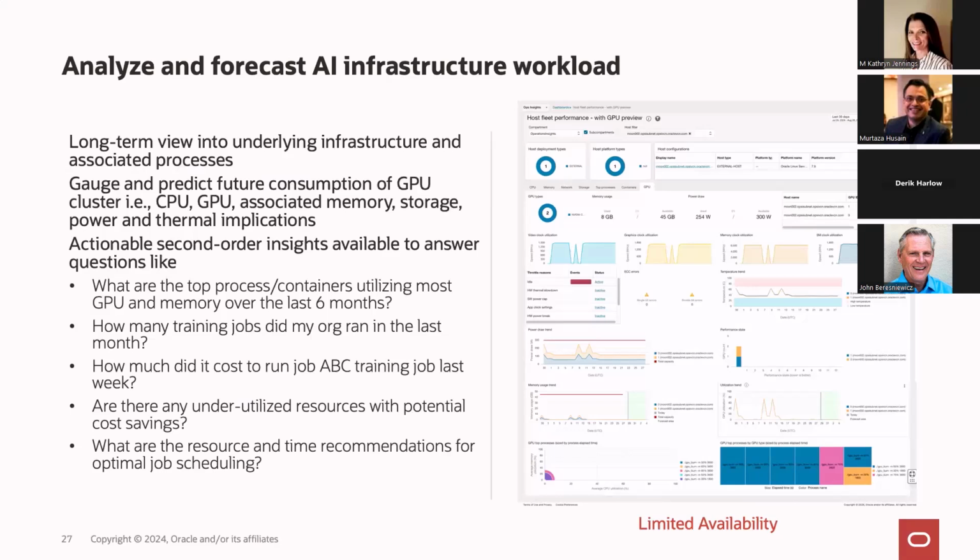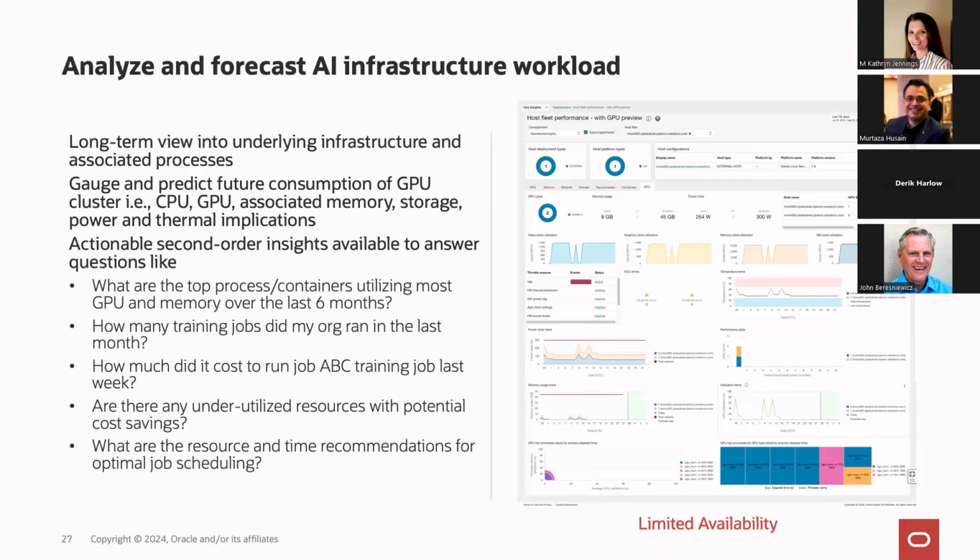With that, we also provide some forecasting capabilities within the widgets in terms of looking at the temperature, the power consumption, the memory, and some of the utilization levels of GPU. So you can look at the underlying data over a long period and do some forecasting on top of that within Ops Insight service.